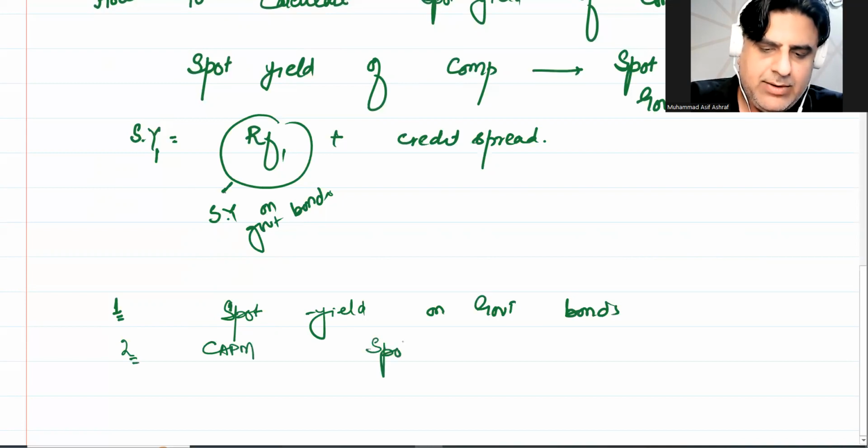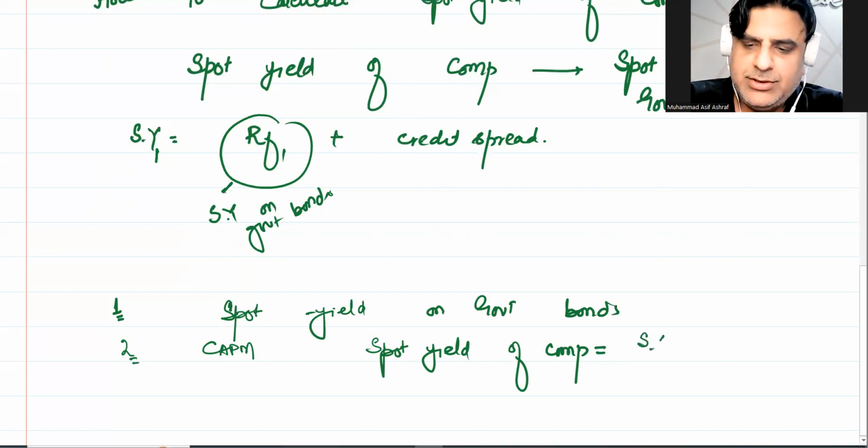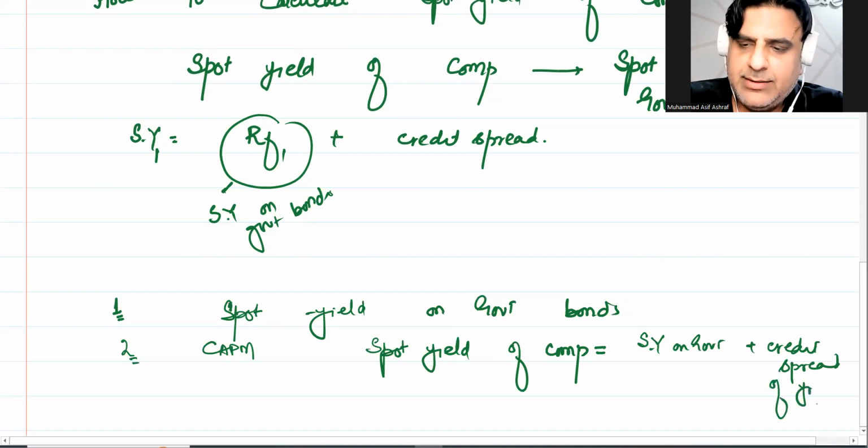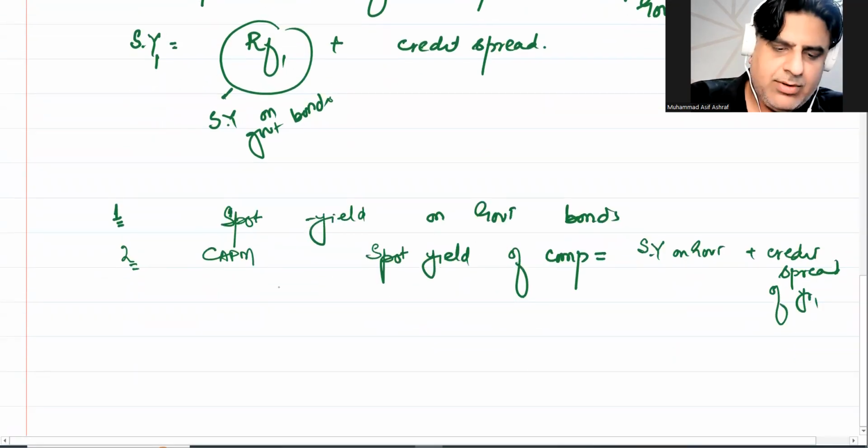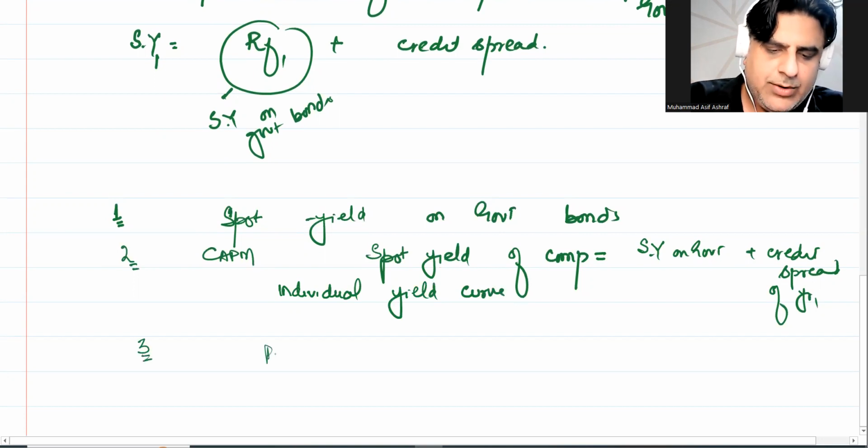You are going to calculate the spot yield of company by using spot yield on government bond plus the company's own credit spread of year one. Spot yield is also called individual yield curve. And the third step is you are going to calculate forward rates.